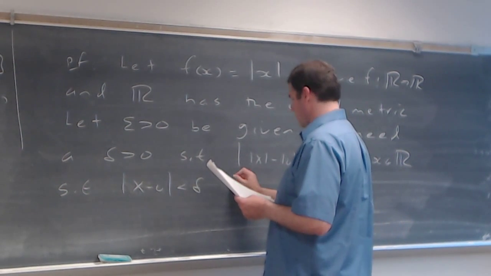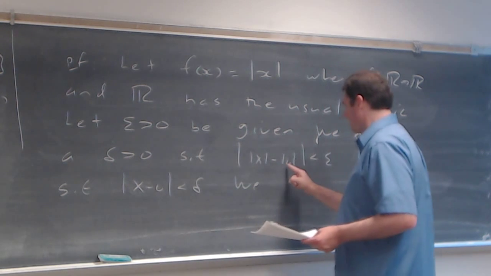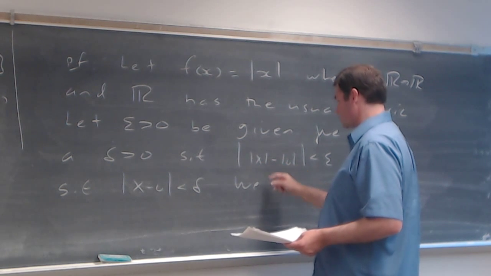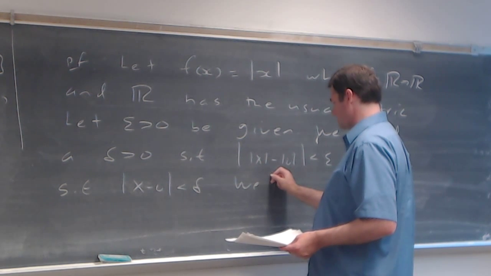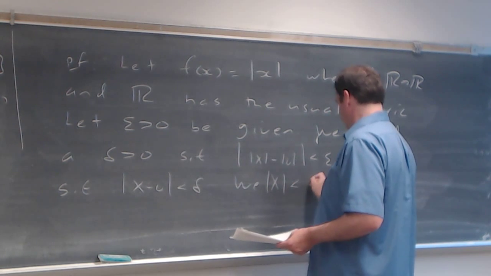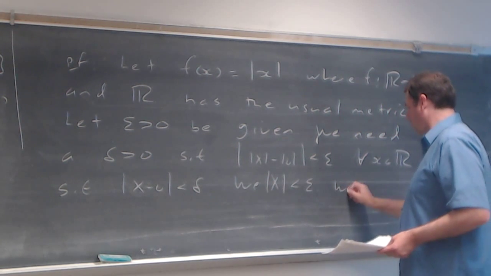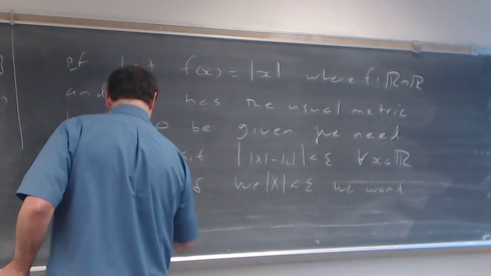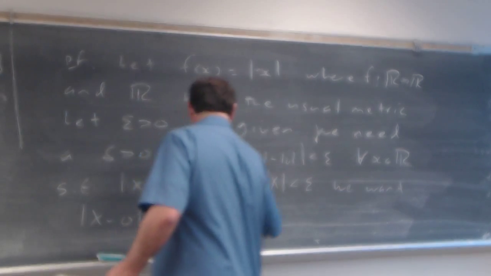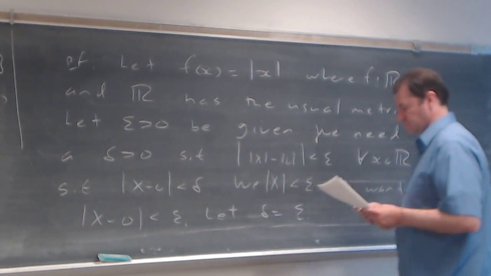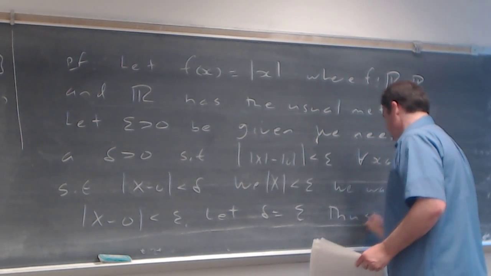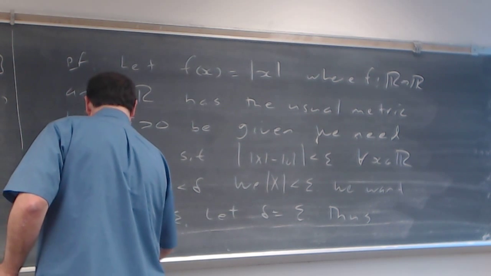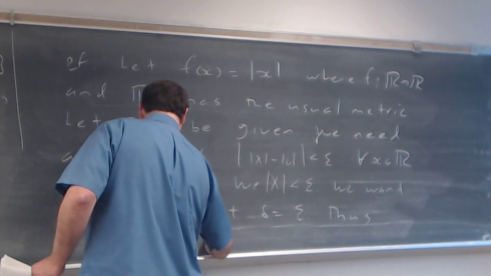The absolute value of 0 is 0, so the absolute value of x minus 0 is just the absolute value of x. We want the absolute value of x to be less than epsilon. So we just let delta be equal to epsilon. Thus, this shows that f of x equal to the absolute value of x is continuous at 0.